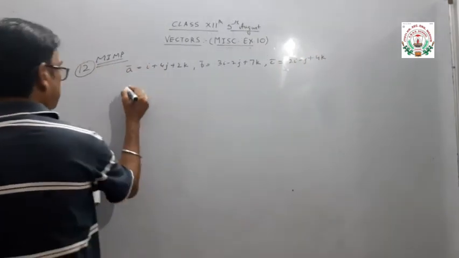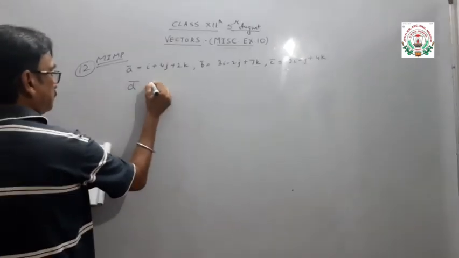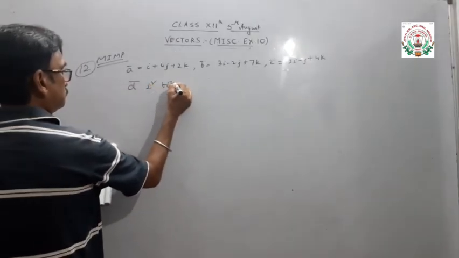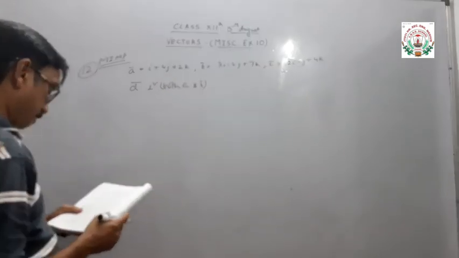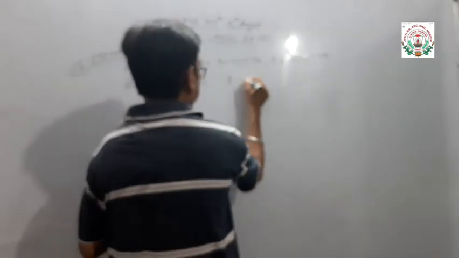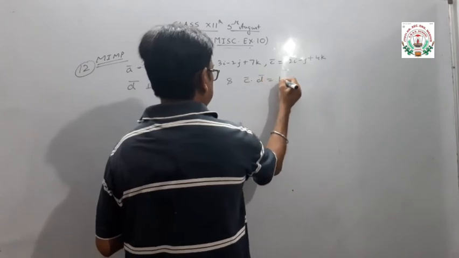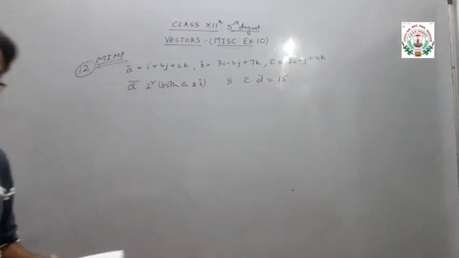Vector D is perpendicular to both A and B, and C dot D is given as 15. We have to calculate the value of vector D.